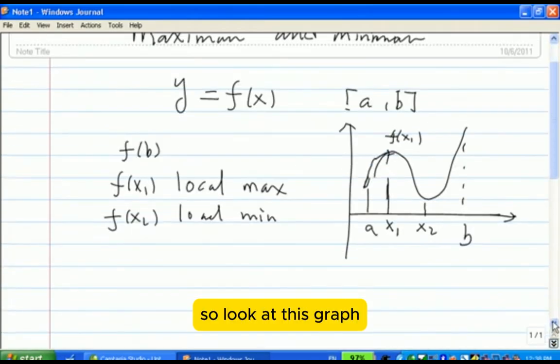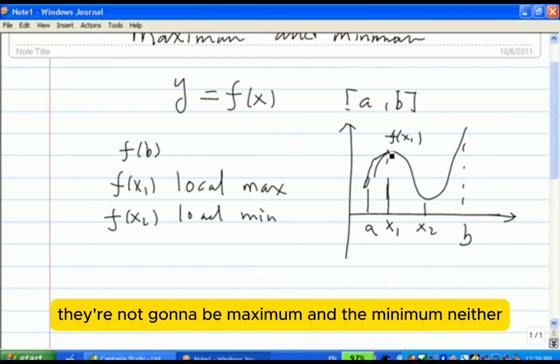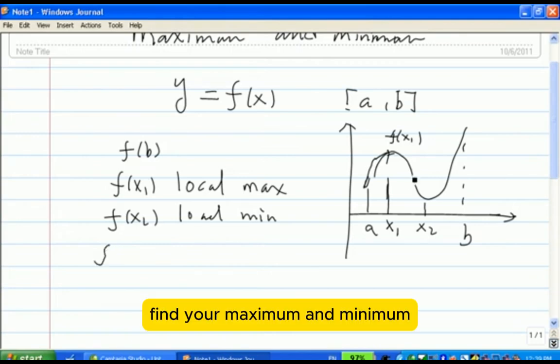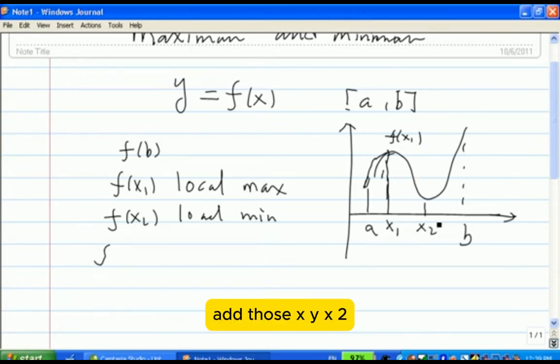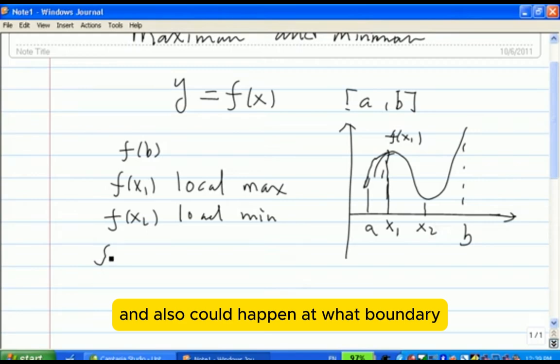So look at this graph. For all the points between a and x1, there are infinitely many points, but you don't worry about them. They are not going to be the maximum or the minimum. The maximum and the minimum could only happen at x1 and x2, the local maximum and local minimum, and also at the boundary.